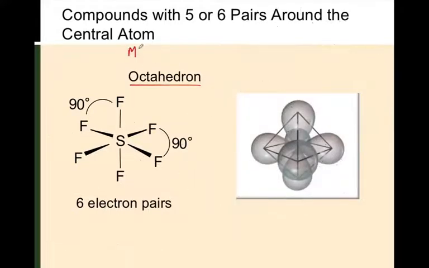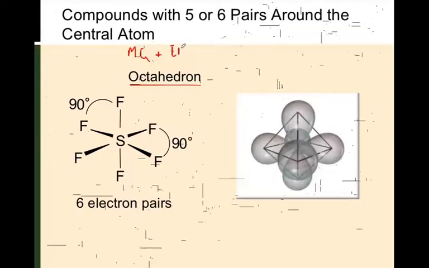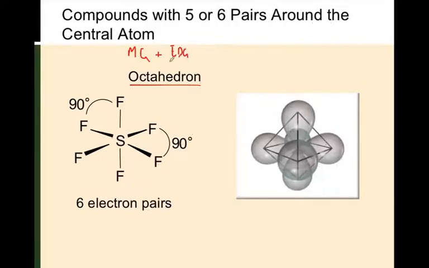Both the molecular geometry and the electron domain geometry, EDG, are octahedral. We have 6 electron pairs. We distribute them at 90 degrees from each other, which minimizes that repulsion as much as possible.